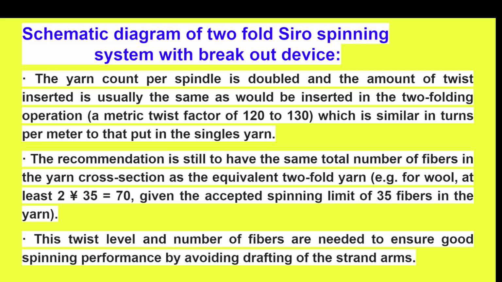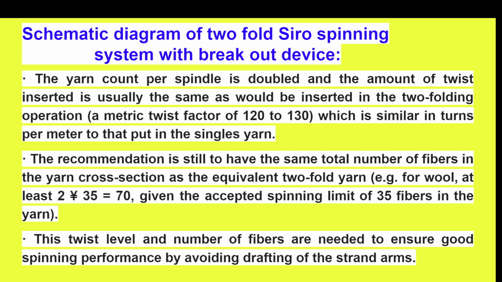It means if you are producing 2 by 40 count yarn, or in a normal ring frame machine you will produce 40 single yarn, then you will go through doubling and twisting, then you will get 2 by 40 yarn.